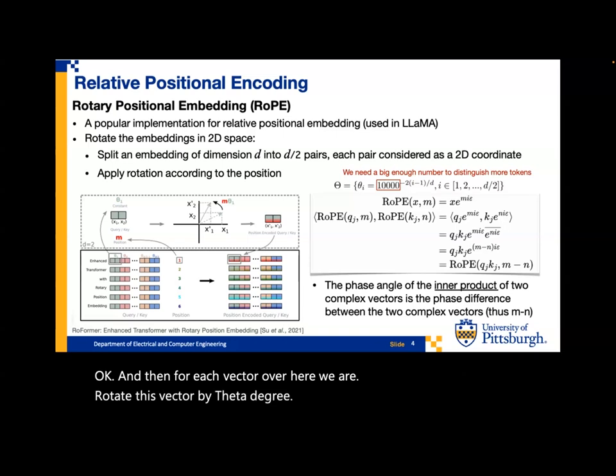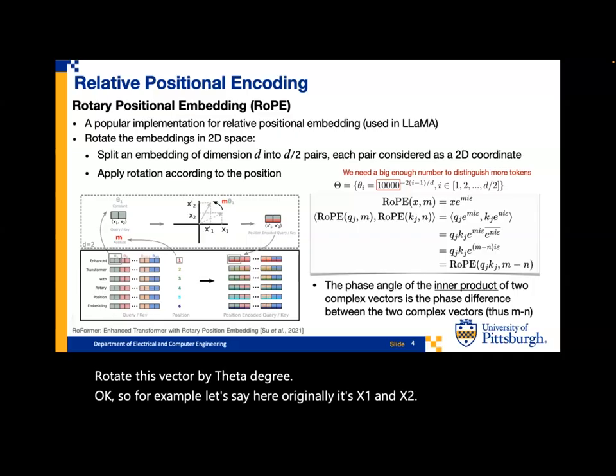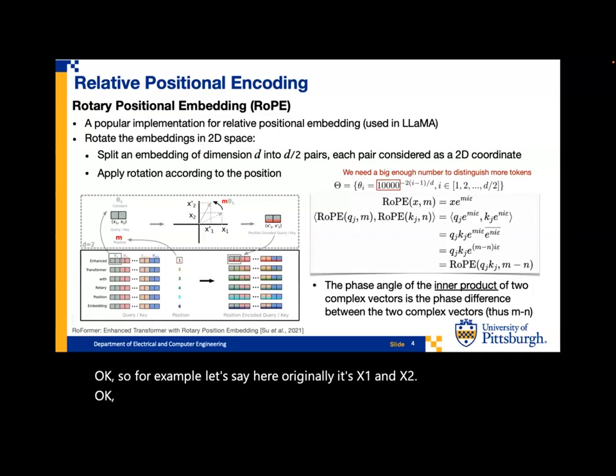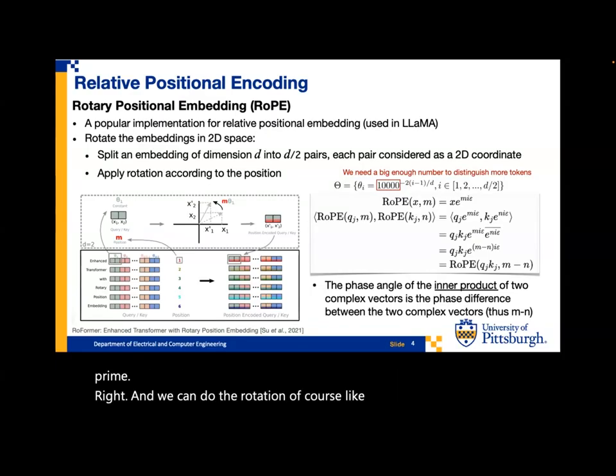Okay, so for example, originally it's x1 and x2. After the rotation, the new pair becomes x1 prime and x2 prime. And we can do the rotation by multiplying with another vector.